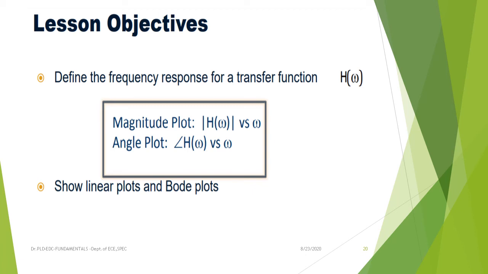Similarly, the angle plot is the angle of H(omega) on the y-axis versus omega on the x-axis. Here we can observe the differences between linear plots and Bode plots in this particular question.